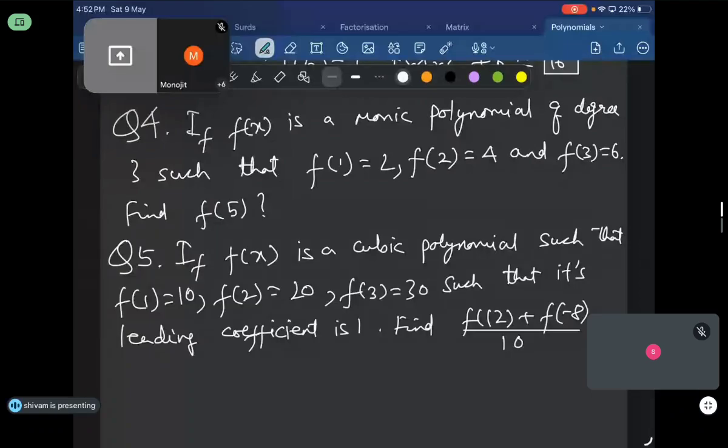Okay, Shirup, your answer is correct. Take your time, follow each and every step properly.